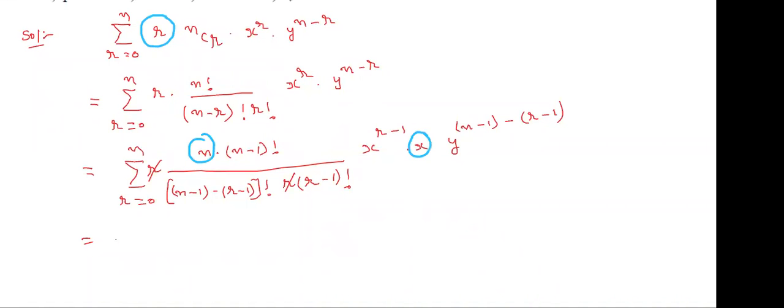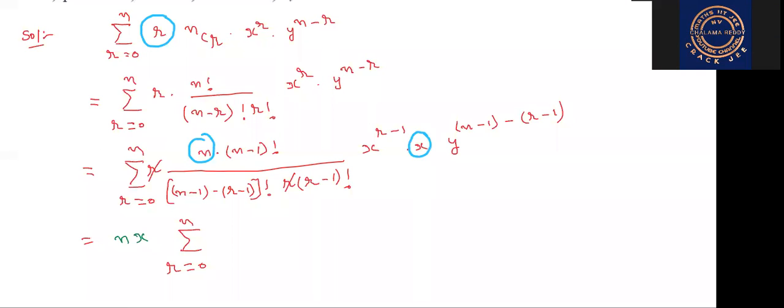Take outside nx. Now write the remaining: sigma r equal to 1 to n, (n minus 1) factorial by (n minus 1 minus (r minus 1)) factorial into (r minus 1) factorial. That meaning is (n minus 1) C (r minus 1) into x power r minus 1 into y power (n minus 1) minus (r minus 1).